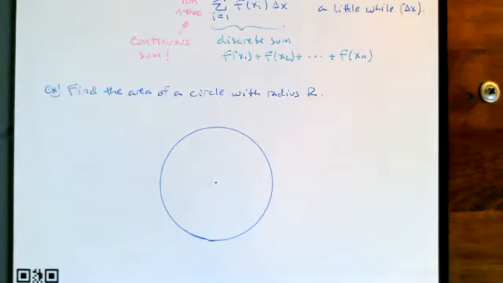We're going to find the area of a circle with a radius of r. So let's draw a circle with a radius of r. Now, the nice thing is we already know what the area is. So we're going to use too much math to do it.